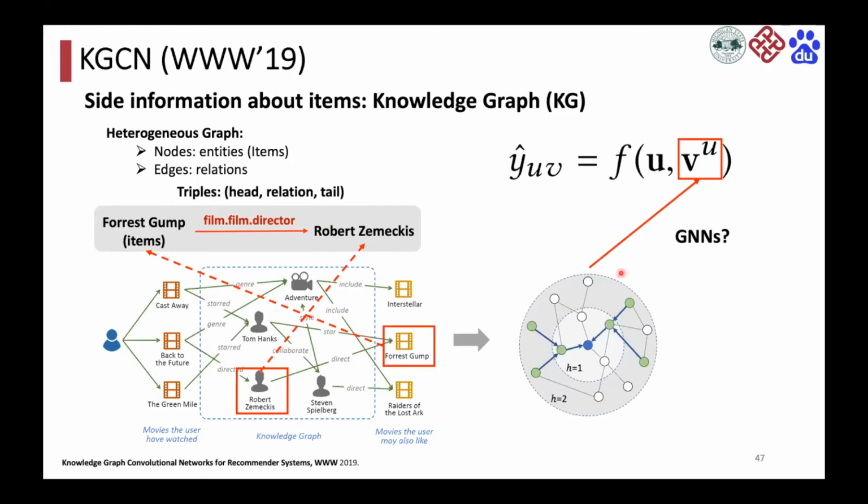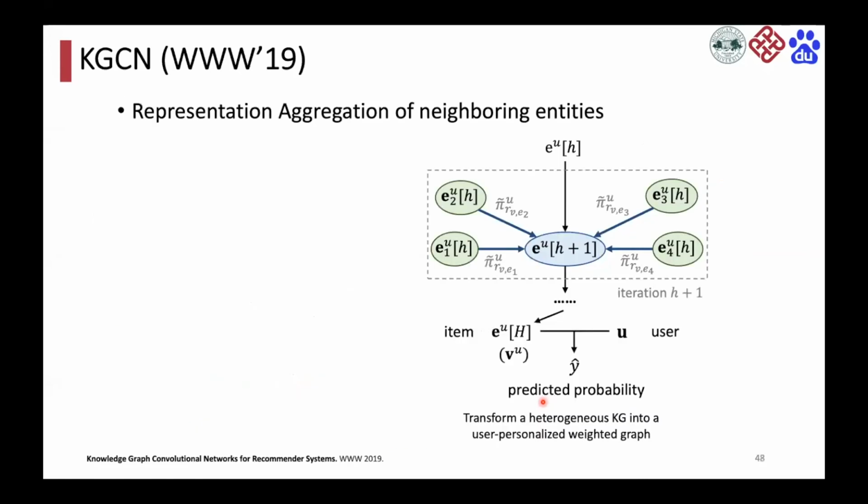In this slide, we introduce a solution, the knowledge graph convolutional network, an end-to-end framework that effectively captures the inner item relatedness by mining their associated attributes on the knowledge graph. This work was proposed in WWW 2019.